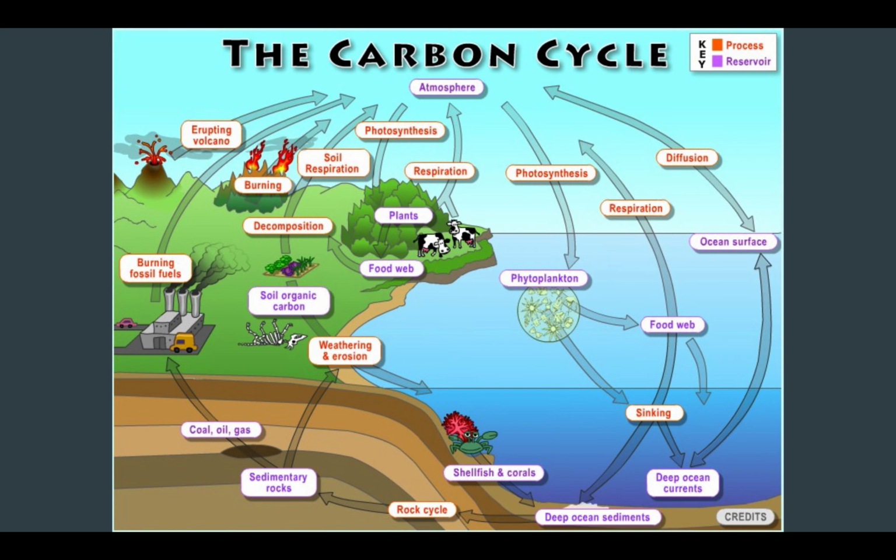So, to go through the cycle a little bit, we'll start with plants. Plants can capture atmospheric carbon by using photosynthesis. And, say, for instance, if this vegetation is eaten by an organism, the carbon's passed along the food chain to the next organism.